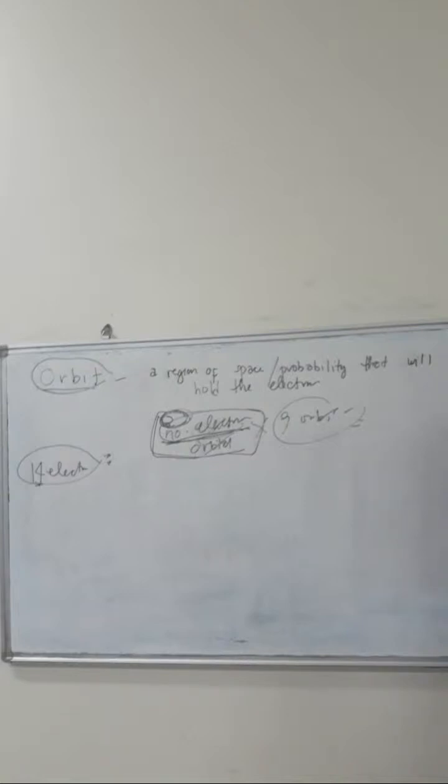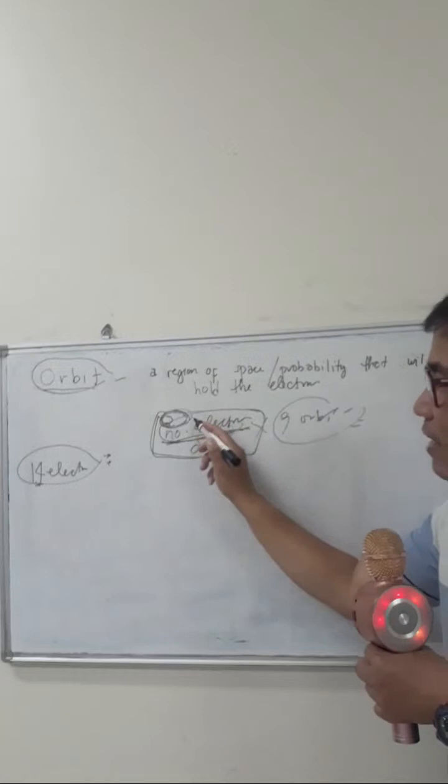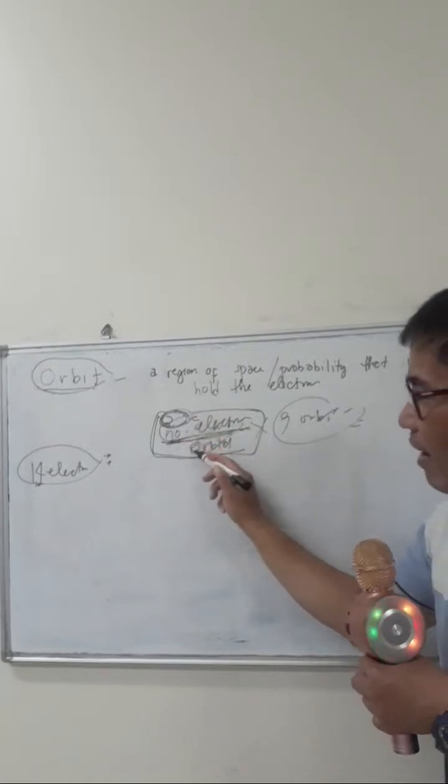In every level, there's an S sublevel, P sublevel, D sublevel, F sublevel, things like that. That is the Pauli exclusion principle, each orbital composed only of 2 electrons. So that's why 2 electrons per orbital.